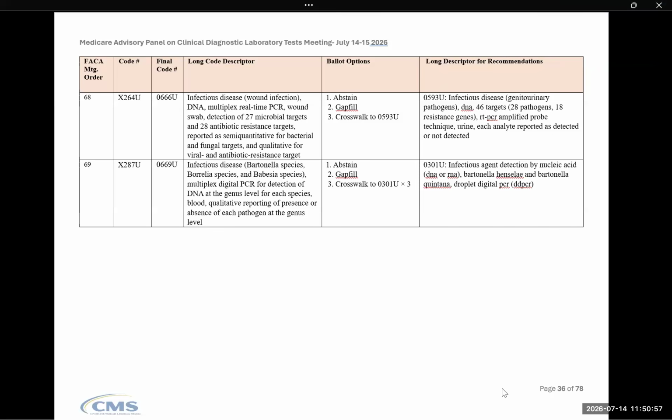There is a previous code that accounts for one such agent by that same technology, which is 0301U. Because this is 3 distinct agents, we recommend a crosswalk to 0301U times 3.